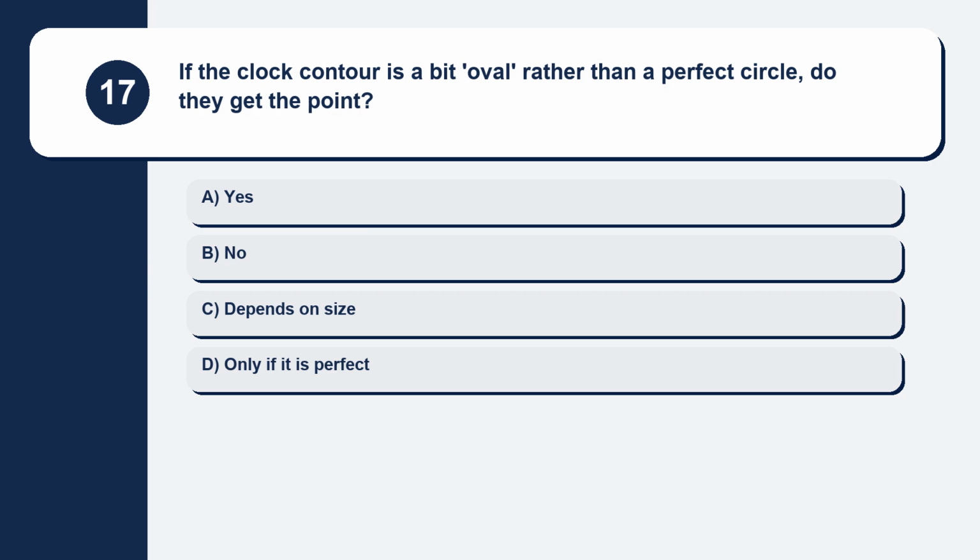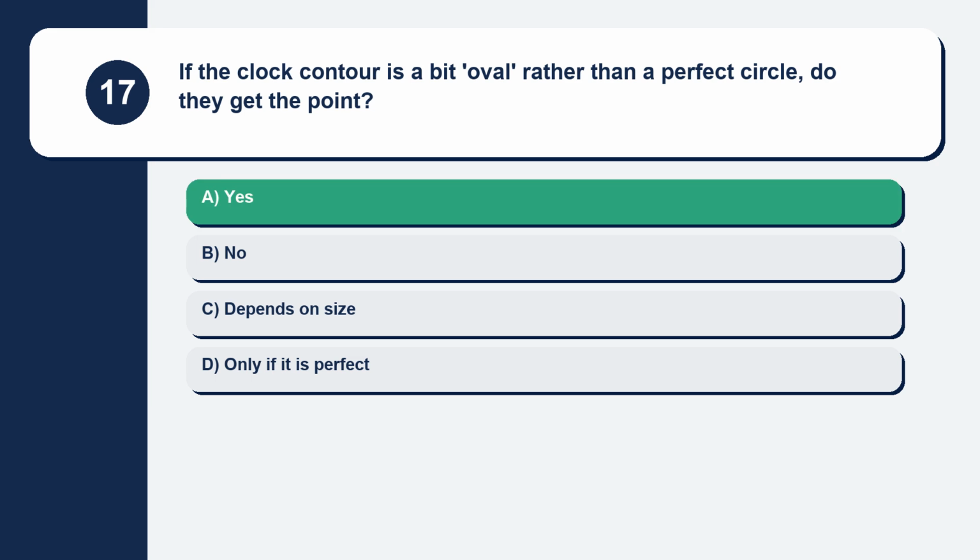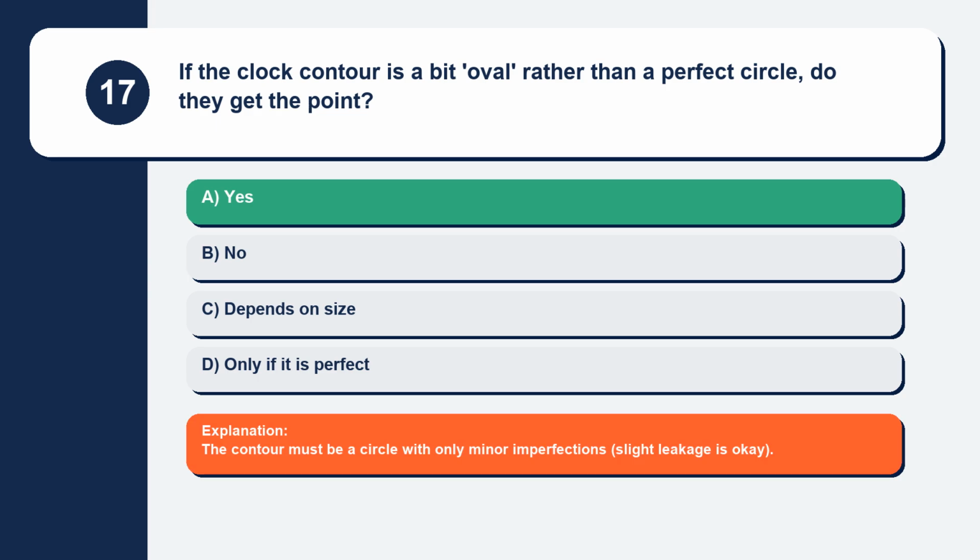Question 17. If the clock contour is a bit oval rather than a perfect circle, do they get the point? Yes. No. Depends on size. Only if it is perfect. The contour must be a circle with only minor imperfections, slight leakage is okay.